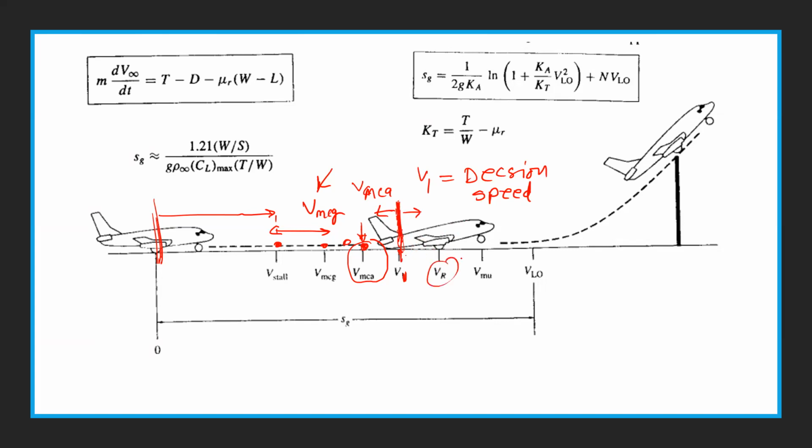What is VR? Rotation speed. And what happens at this speed? We give elevator input so that the aircraft nose moves up. Right. And what is VMU? The undercarriage also lifts up at this speed. And what is VLO?